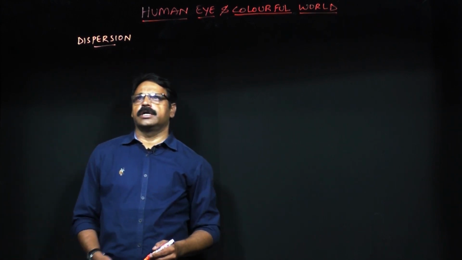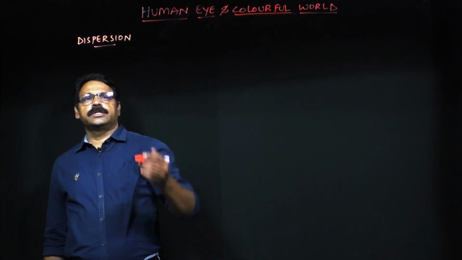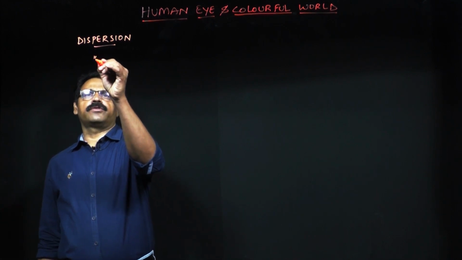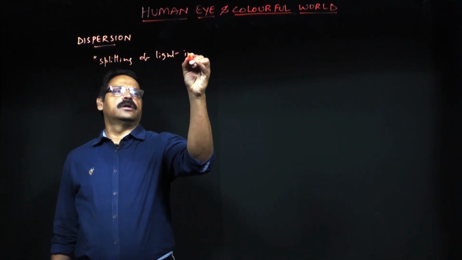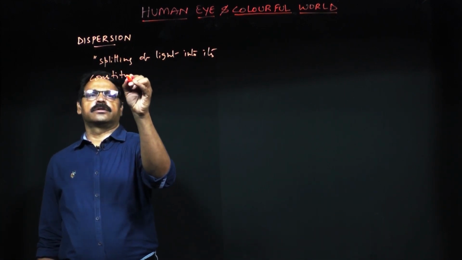Now we are going to look at what it means by dispersion. Dispersion is nothing but the splitting up of light into its constituent colors.